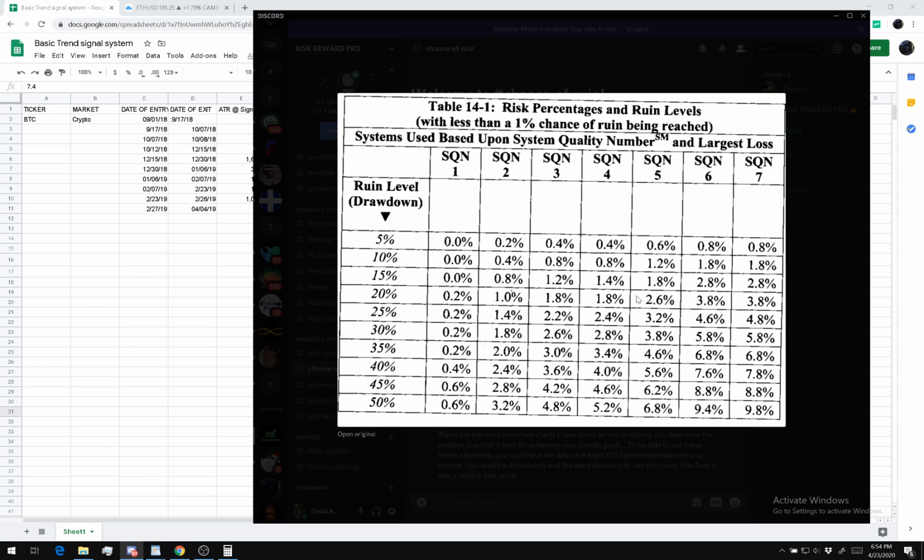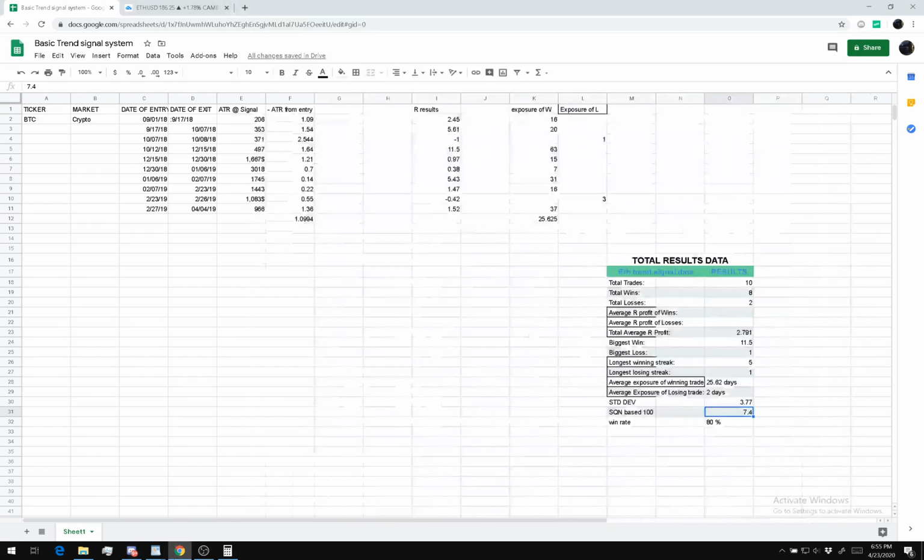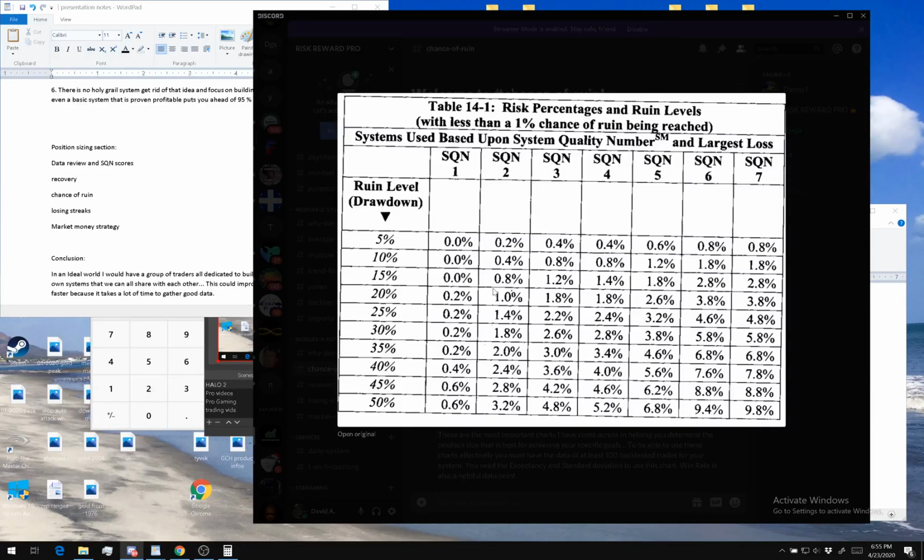So using the data that you collect, using these charts and some other methods that I'll go into and elaborate on in other videos, you can develop a position sizing plan to reach whatever goals you have.